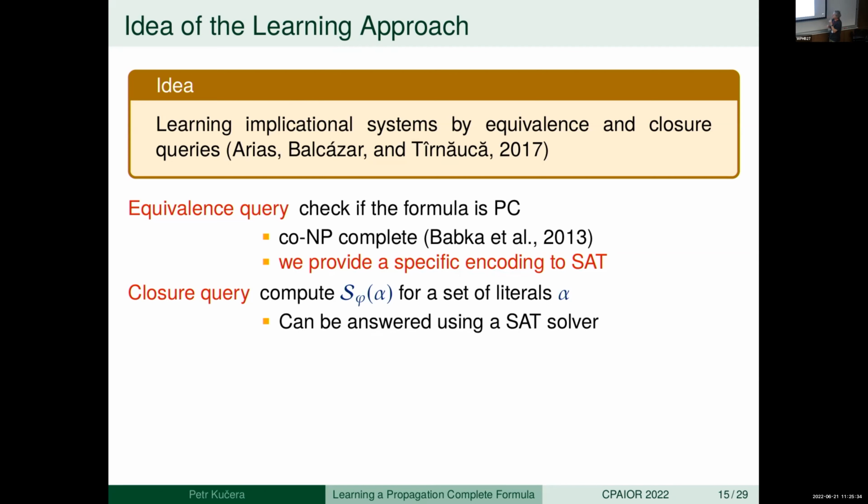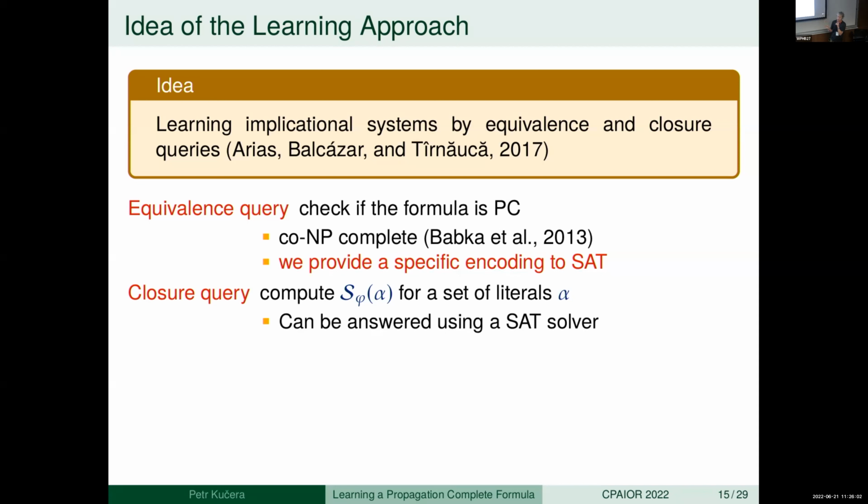A closure query is maybe a bit simpler, although still hard. In a closure query, we want to compute all the literals implied by a partial assignment. That's computing the semantic closure of a partial assignment. And that again can be solved using a SAT solver. Actually, this relates to finding backbones of a formula.